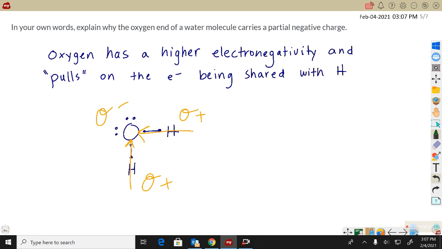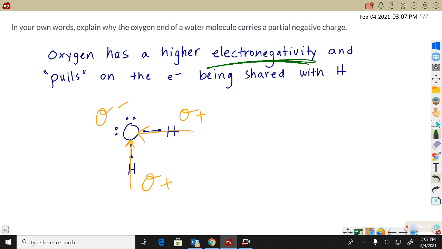All right, then we had a couple questions where you were writing a sentence or two. In your own words, explain why the oxygen end of a water molecule carries a partial negative charge. This is all about electronegativity. Either you had to say electronegativity or explain what higher electronegativity on oxygen would mean.